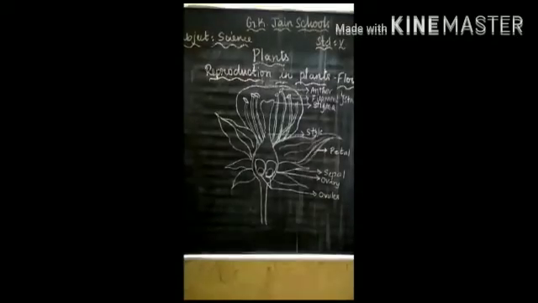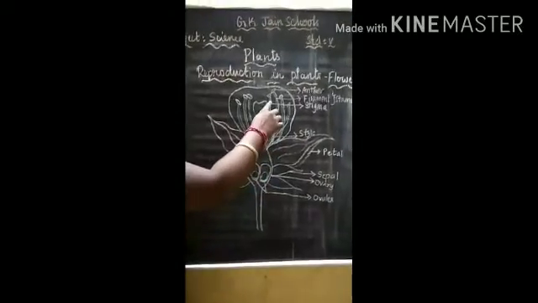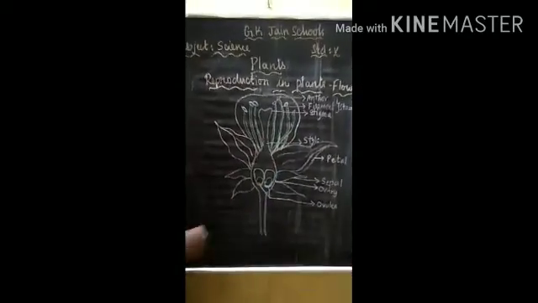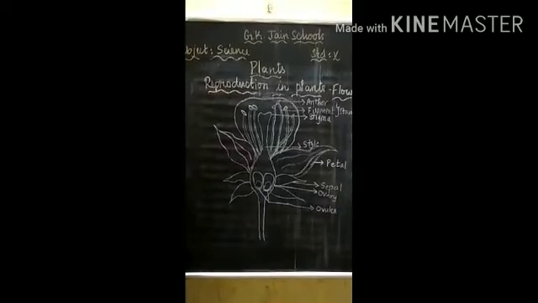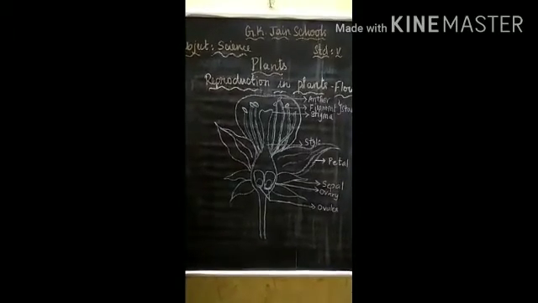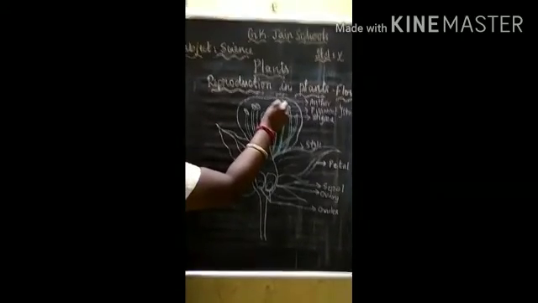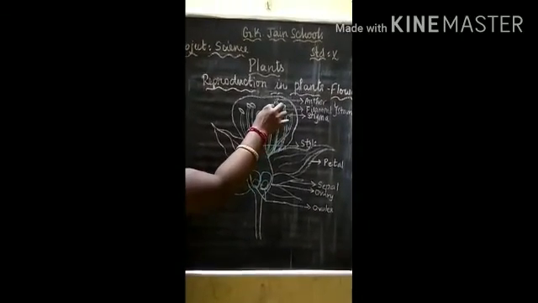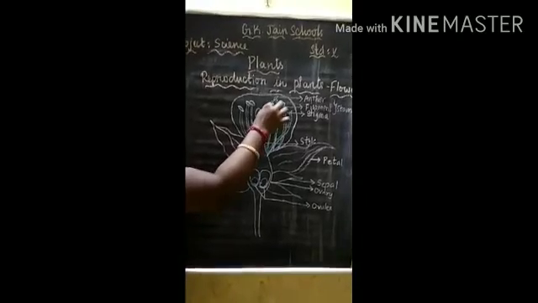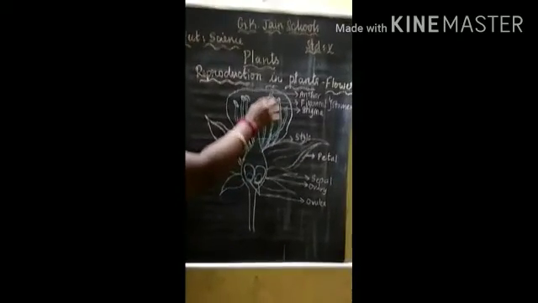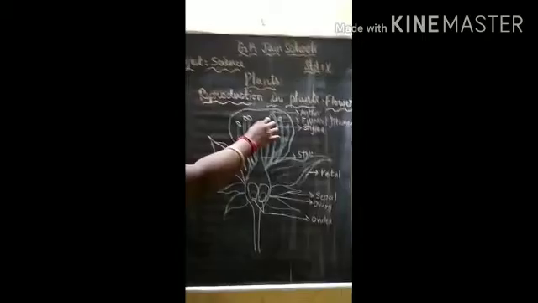The next one is the androecium. Here, the androecium is the male reproductive system. It consists of stamen. Stamen consists of filament and the anther. The long stalk is called the filament and the bag-like structure is called the anther.